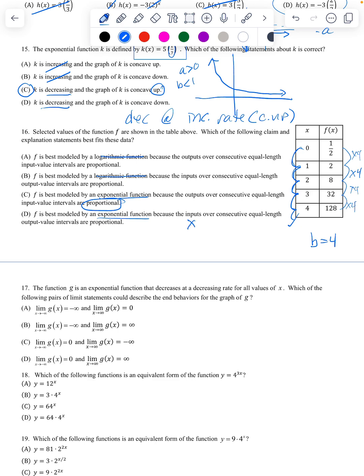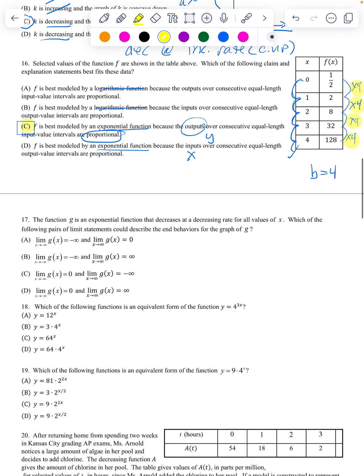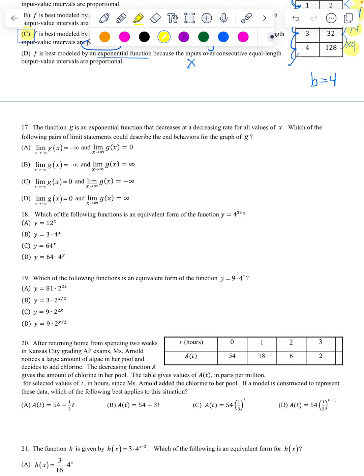This is saying that the x's change by a multiplier. This is saying that the y's change by a multiplier. So if you look back, we have notes that exponential is characterized by proportional outcomes, meaning our outcomes have a multiplier between them.